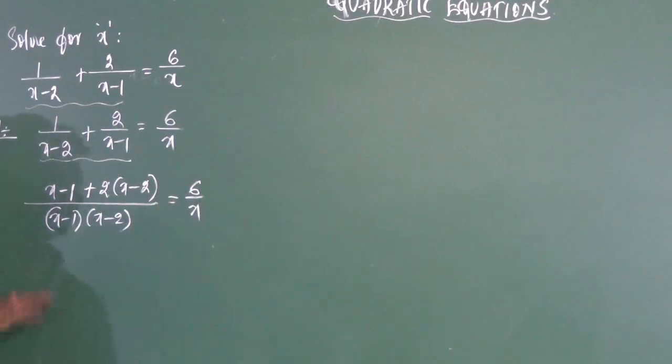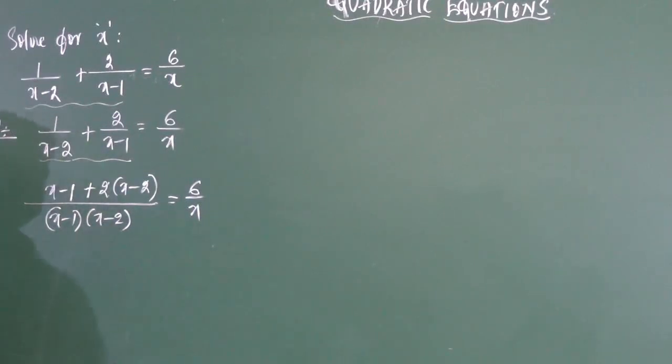So this is taking the LCM. You have to be very careful here. If it is plus, no problem. But if you have minus at this point, you have to be still more careful because there is a chance of silly mistakes or simple errors by the student.